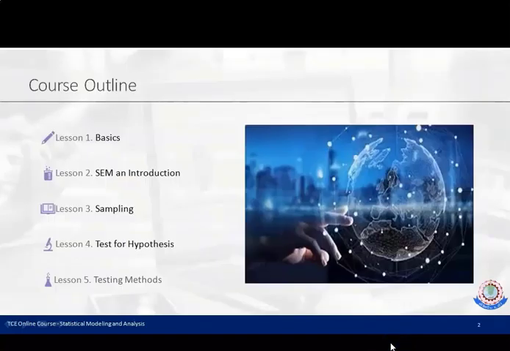So the outline goes with this: basics, introduction to SEM, structural equation modeling, sampling, test for hypothesis, and the possible and most frequent method used for testing.